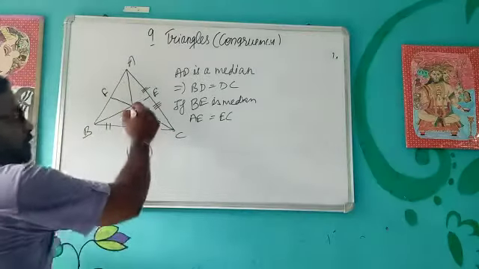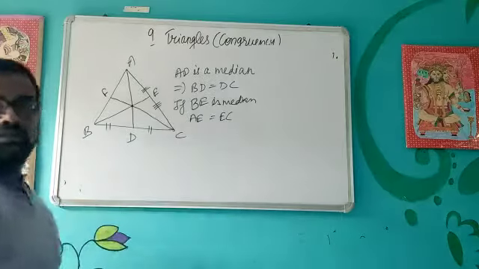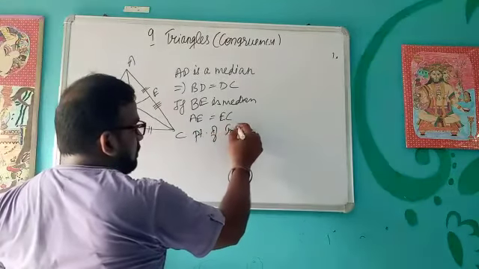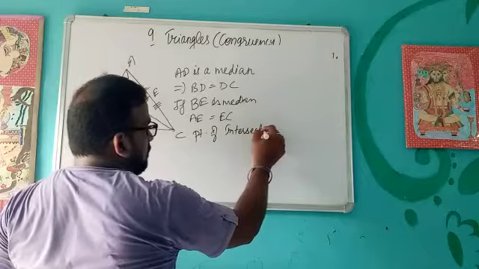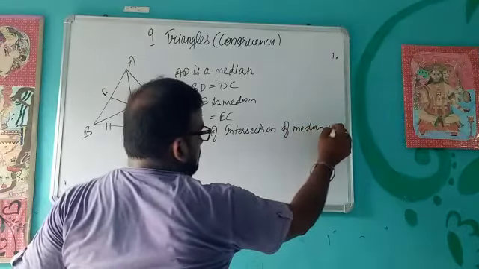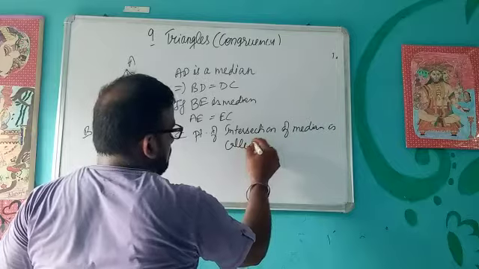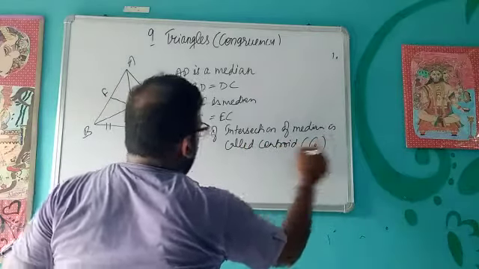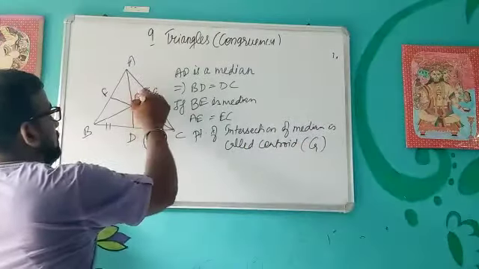So the point of intersection of these medians is called the centroid. Okay, we have kept capital G. So this point is known as the centroid.